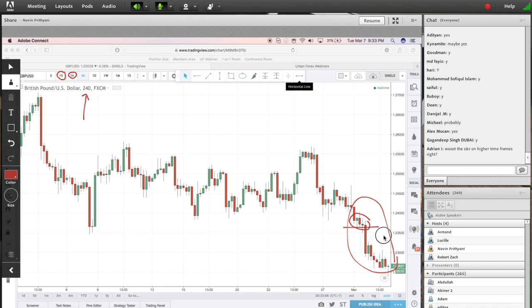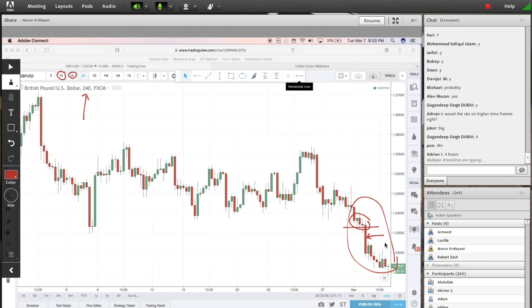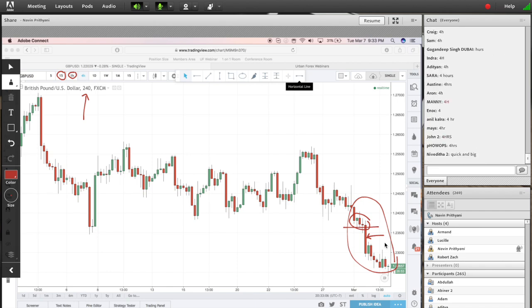Now, this candle right here, how big is this candle? How long did it take to make this candle? 4 hours, right? It's a 4-hour chart. It took 4 hours to make that candle. What do we see here? A simple red bar, right? But if we go down to the 5 minutes or the 15 minutes, will we not see something like this?